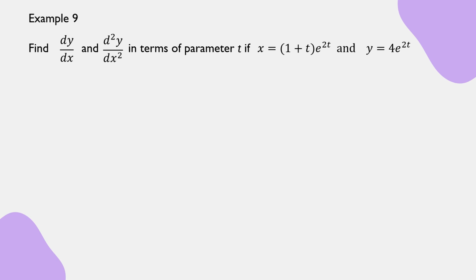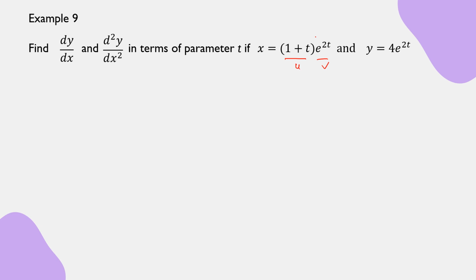Okay, example 9. Find the first and the second derivative. If x equals (1 plus t) times e to the power of 2t and y equals 4e to the power of 2t. This is u, this is v, because this is a product here.